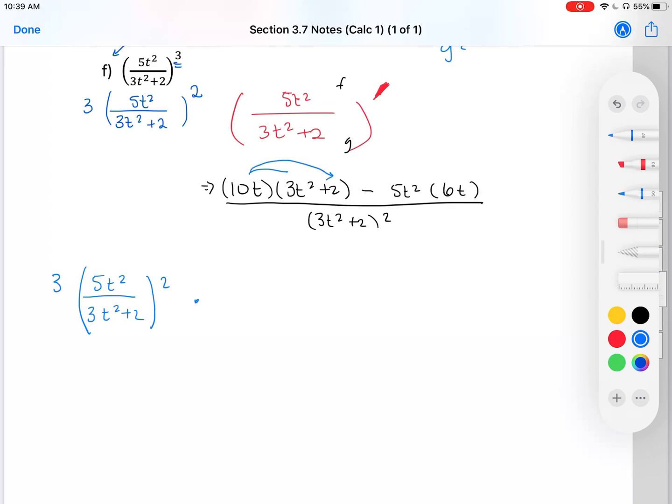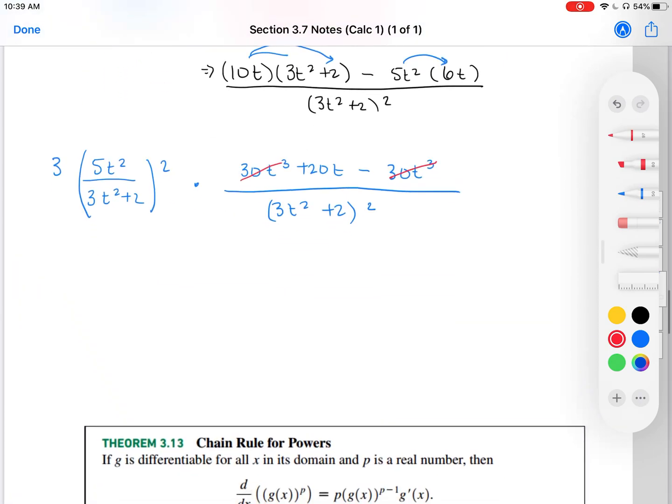So we have 10t times 3t squared gives us 30t cubed. 10t times 2 is 20t, minus 5t times 6t, that gives us 30t cubed, divided by 3t squared plus 2 squared. Okay, now we see that our t cubed terms cancel to make 0. And we are left with this rational function.